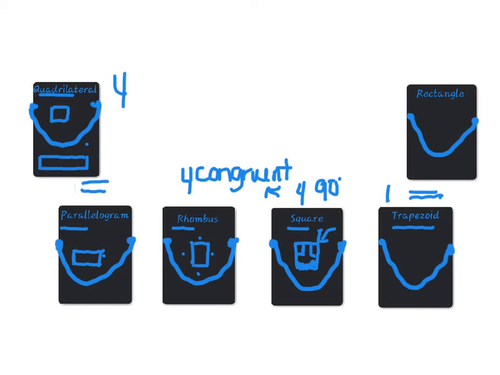So the shape could look similar, if I can get it to draw, to something like this. Okay, because these 2 sides are parallel. They are going in the same direction.